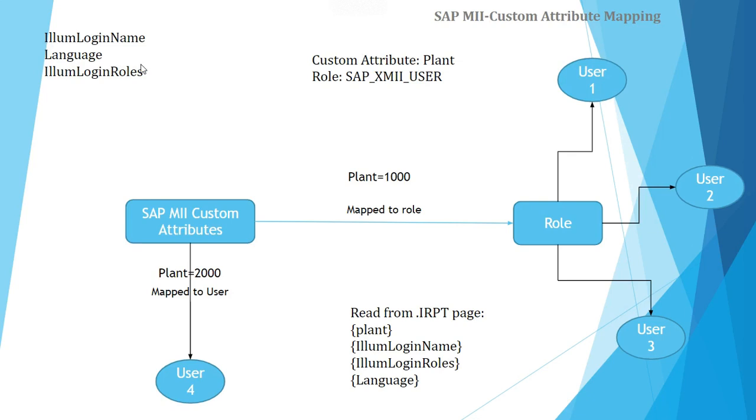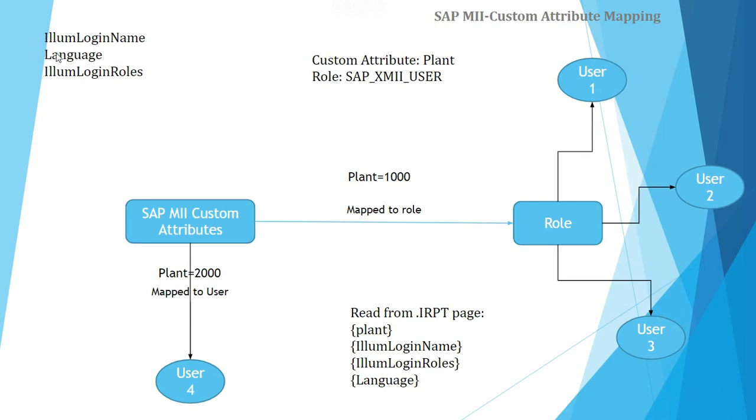That is known as a session variable. For example, when you log in to the SAP MII system, MII automatically associates the login name with the logged in user, what the language is, and what roles he has been assigned. These three variables are automatically assigned at the time of logging in to SAP MII.